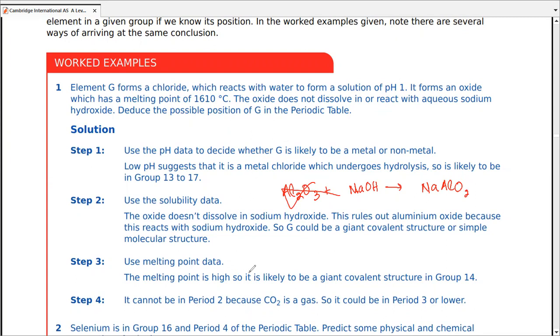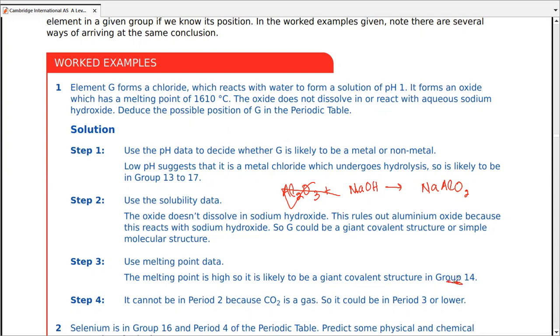Okay, using melting point data, the melting point is high, so it is likely to be a giant covalent structure. If it's not group 13, based upon the fact of melting point, it can't be 16 or 17. The 16 and 17 are simple oxides of simpler structures, so that's not possible.